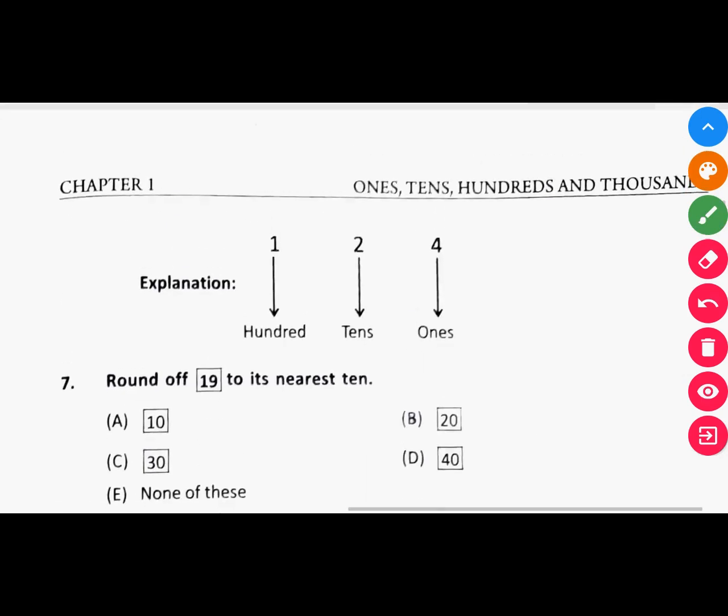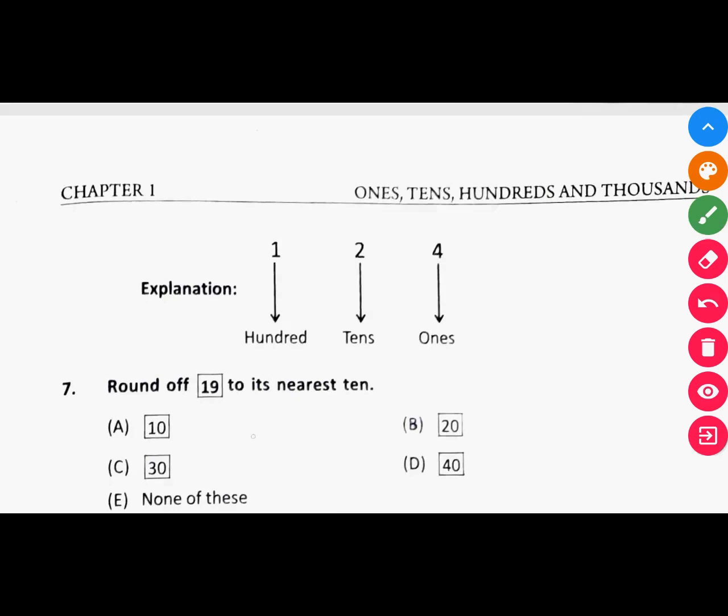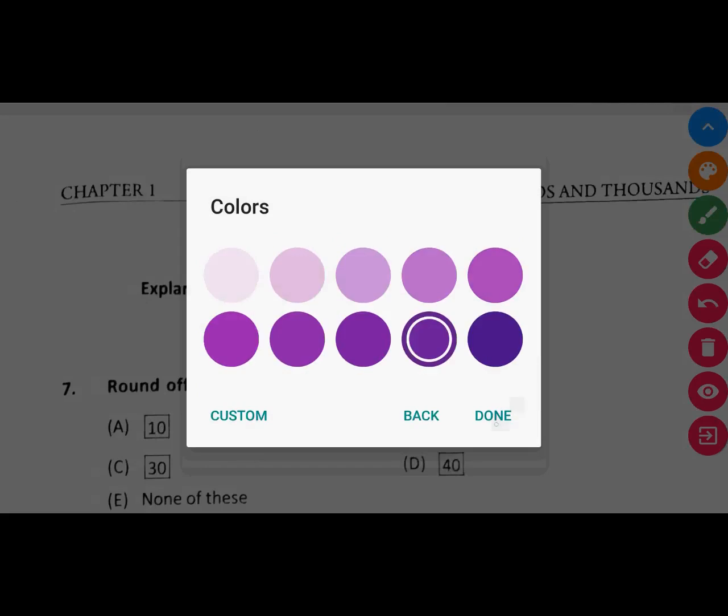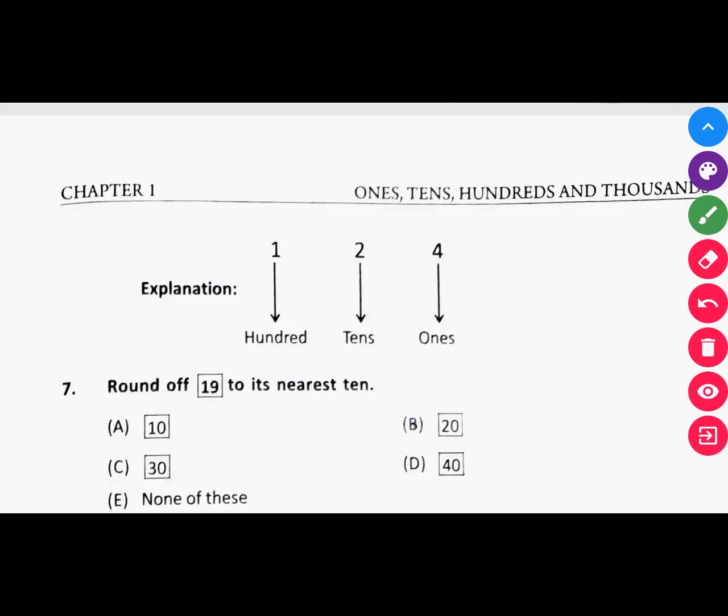Now, nearest 10. Here we round off 19 to its nearest 10. How can we say which 10 is near to 19? There are always two options: the previous 10 and the next one.